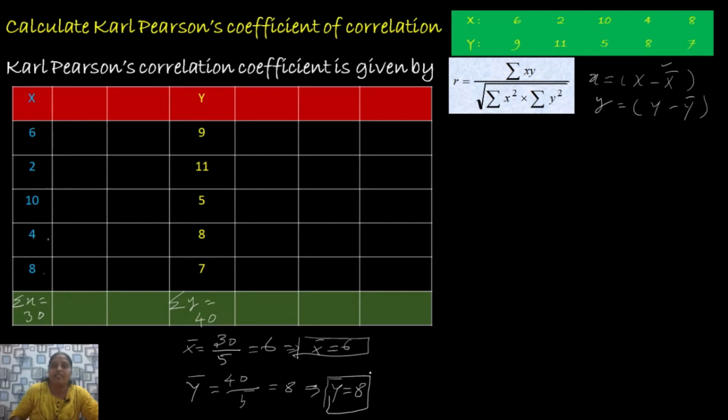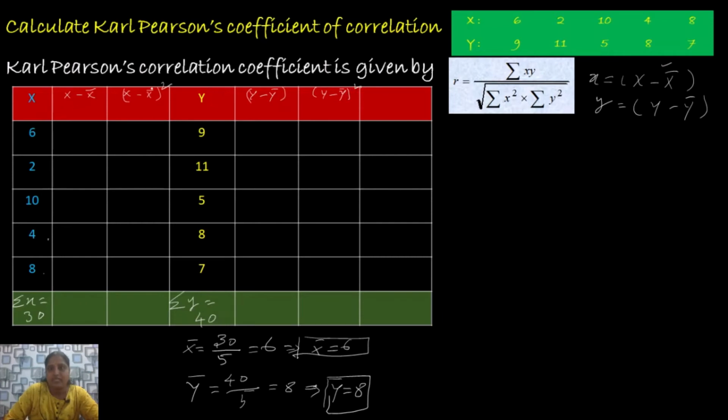Now we calculate the deviations of the values from x bar and y bar first and make them square. That is, first we calculate x minus x bar and x minus x bar the whole square. Likewise, for y too we calculate first y minus y bar and its square, that is y minus y bar the whole square.